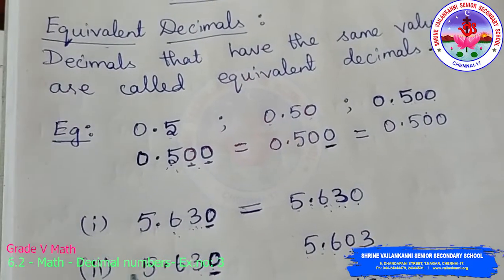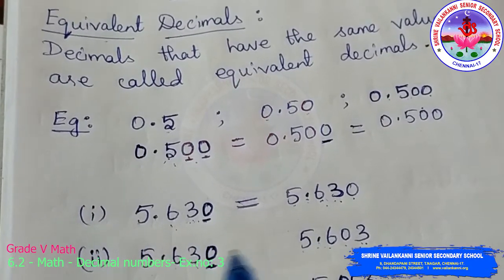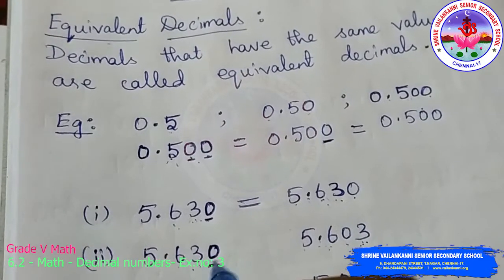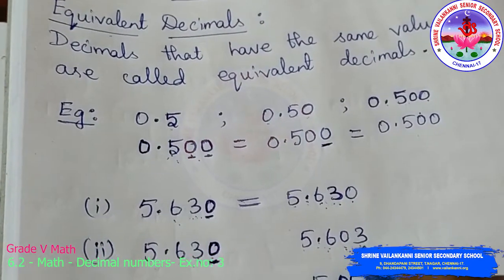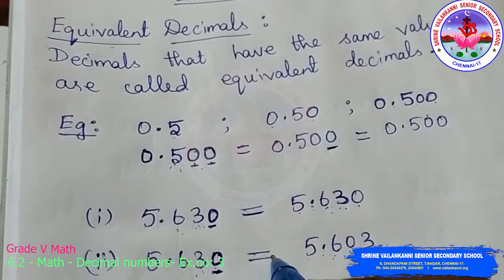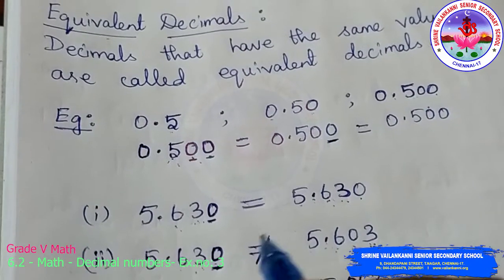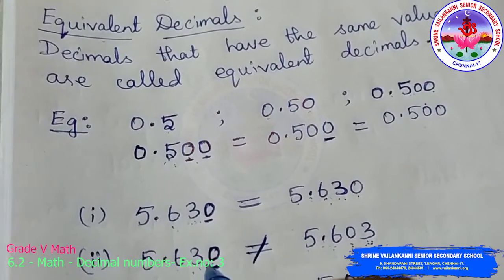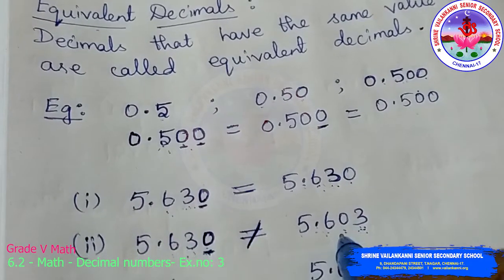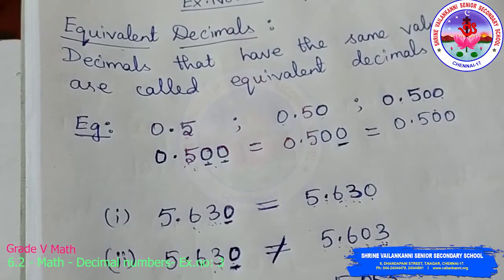But if you compare 5.630 and 5.603, see, here 30, here 03. The values are changing. So it is not equivalent even after adding 0 at the end of the decimal places. These 2 decimal numbers have not become equivalent decimal numbers.